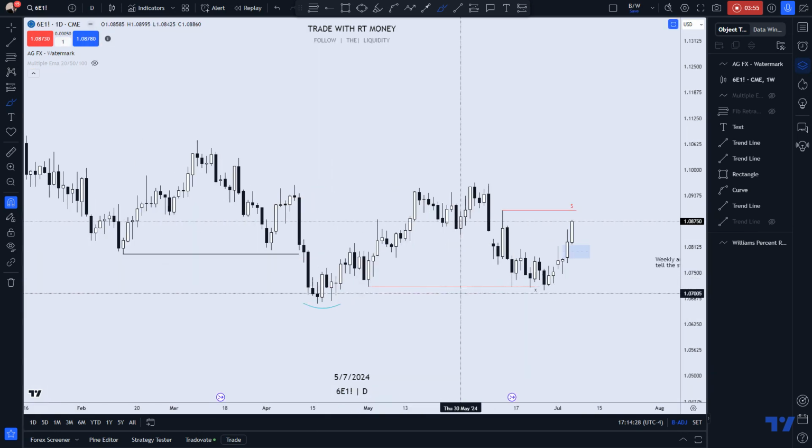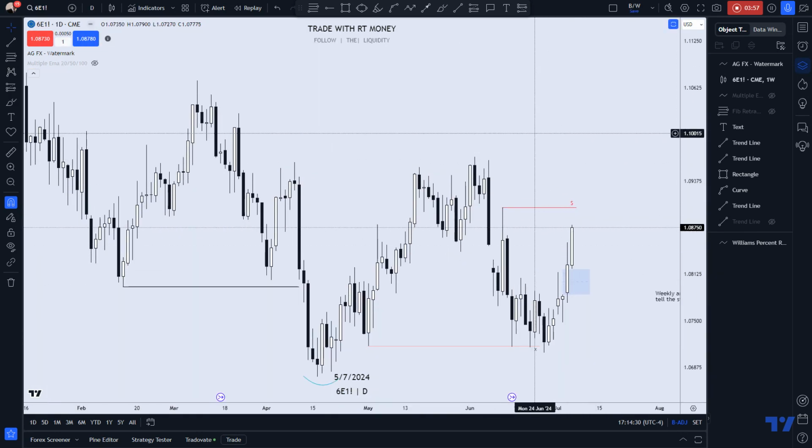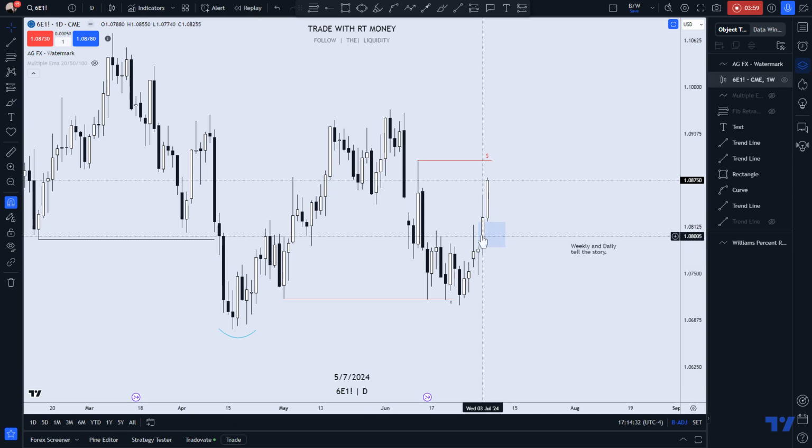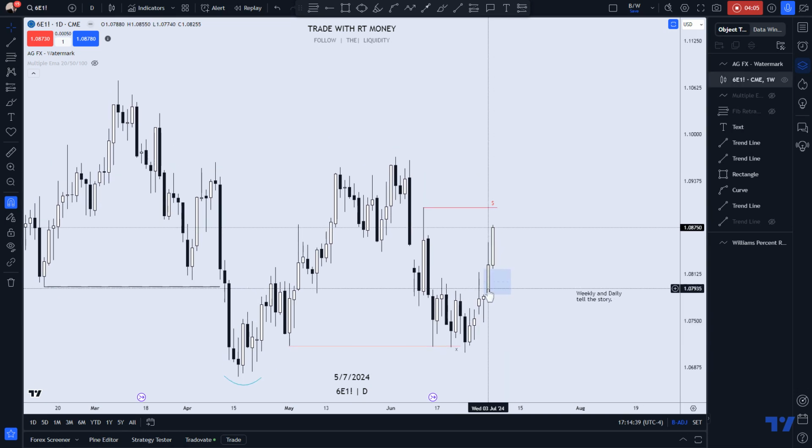But on the daily, what we can see is price did create a daily fair value gap on Thursday. We had a very nice expansion, and then followed by Friday's expansion, closing well above the previous daily high, leaving behind this bullish fair value gap.